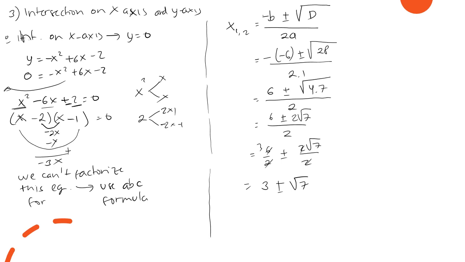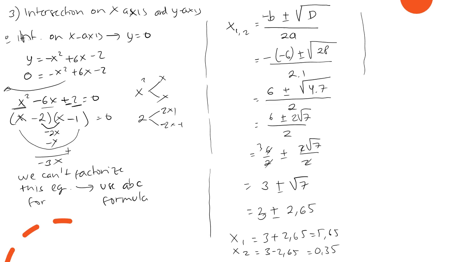What is the square root of 7 again? 2.65. So 3 plus minus 2.65. Our first x is 3 plus 2.65, which is 5.65, and the other is 3 minus 2.65, which is 0.35.